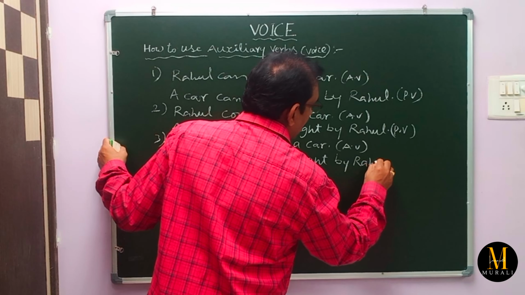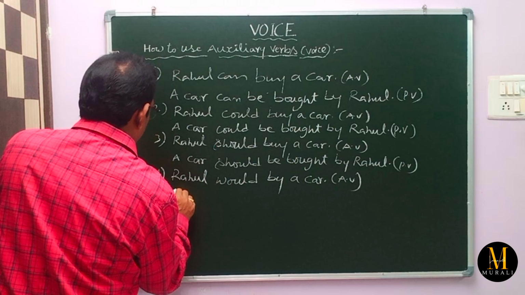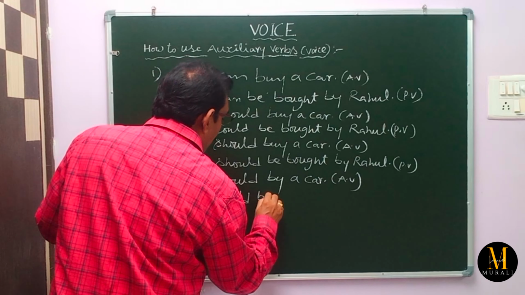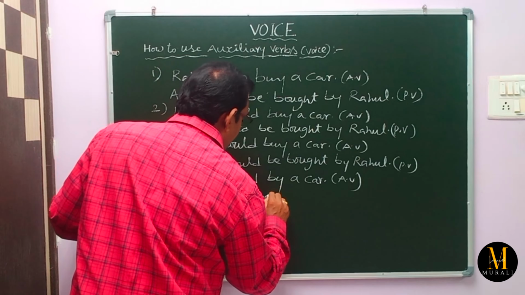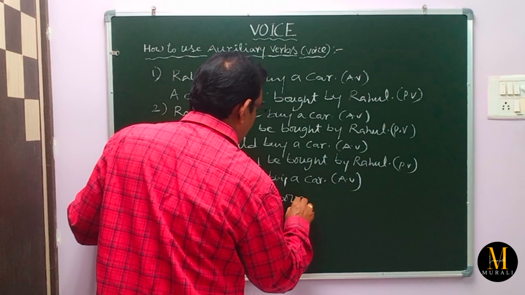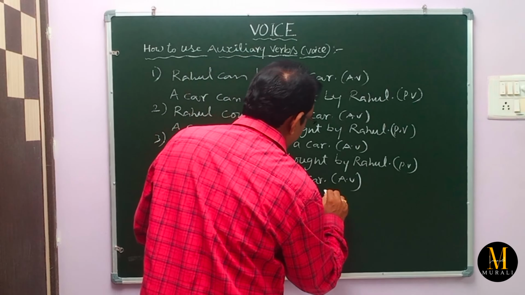Next, fourth one, Rahul would buy a car. Next, passive voice: a car would be bought by Rahul.